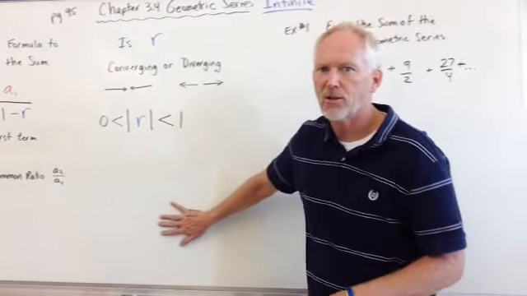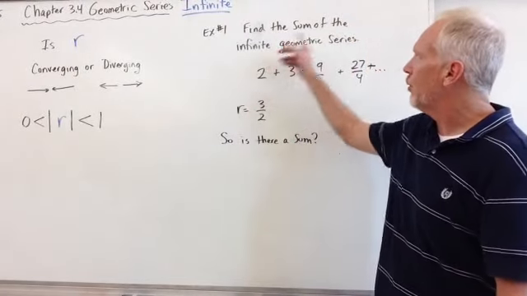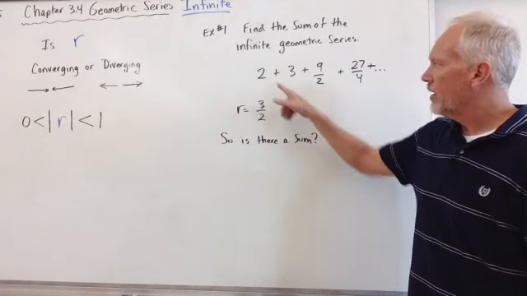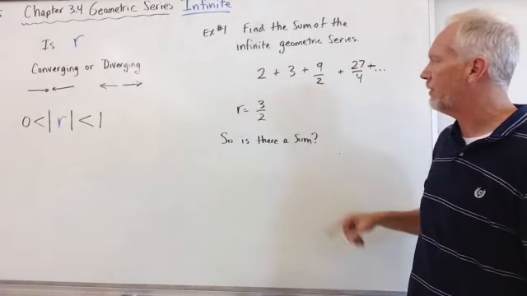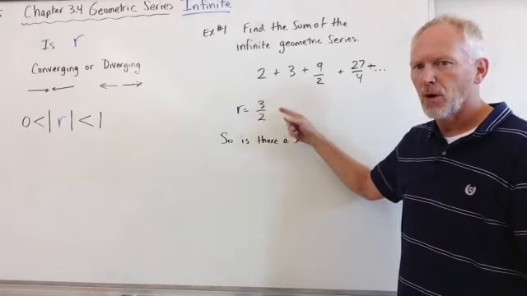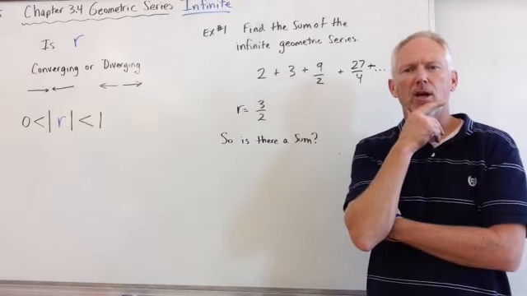All right, so let's look at how we can find the sum. Example number 1: find the sum of the infinite geometric series 2 plus 3 plus 9 halves plus 27 fourths. First thing we want to do is look at r. Our r value is 3 divided by 2.